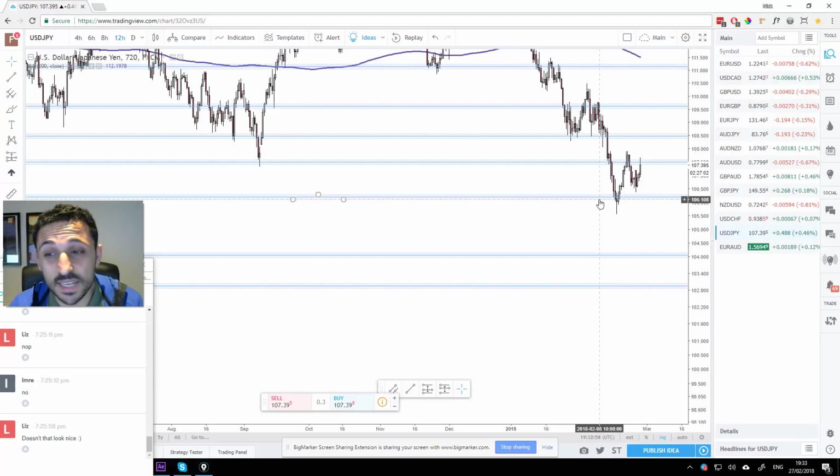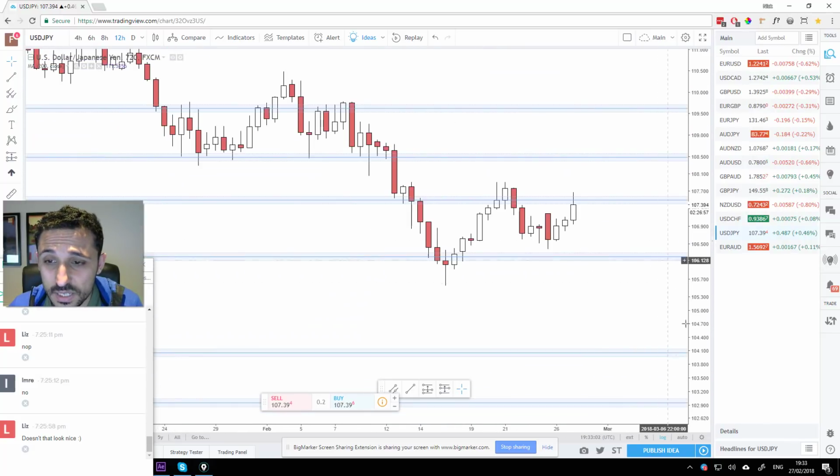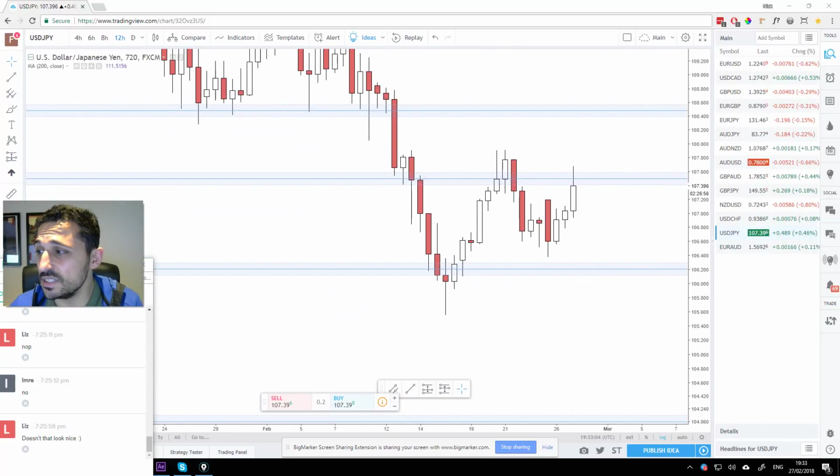I would be willing to take a short trade from this resistance area here. Definitely willing to take a short trade from this resistance here. We're already seeing signs of sellers entering the market here. We got that nice long wick from this resistance area. Last time it approached this resistance area, it pulled away quite quickly. So there is potential for a short here.